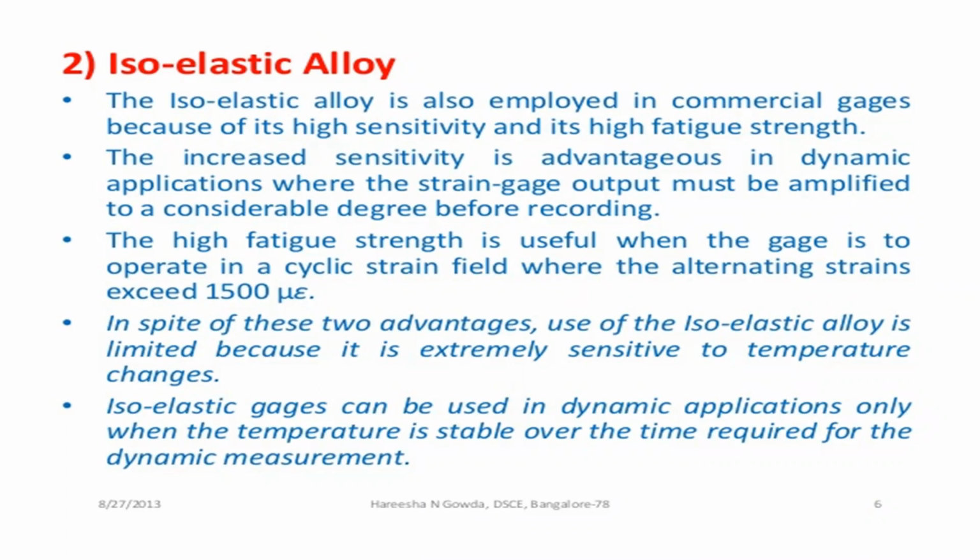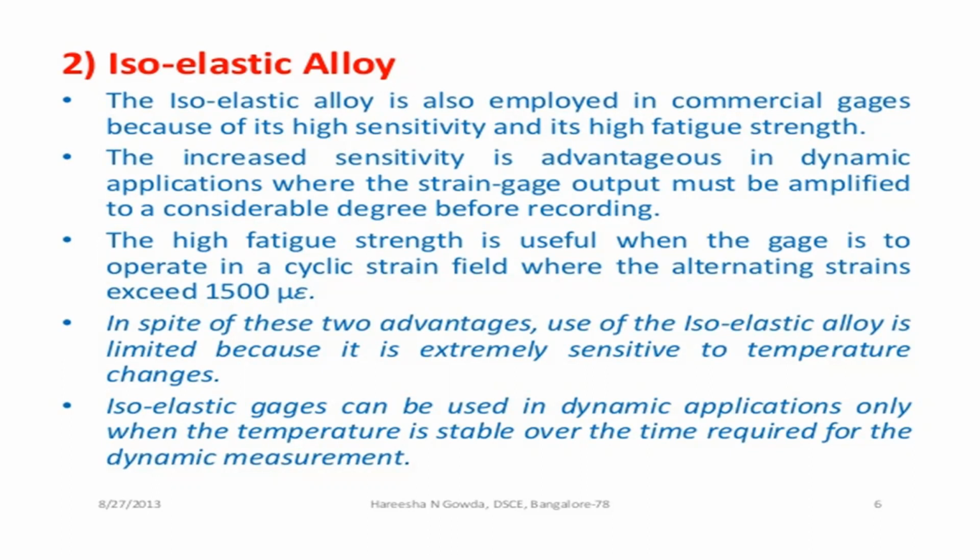These are the different materials used in this isoelastic alloy. The isoelastic alloy is also employed in commercial gauges because of its high sensitivity and its high fatigue strength. So with these materials in the strain gauges, the strength of the strain gauge is very high and it is very sensitive. High sensitivity occurs in these alloys used in strain gauges.